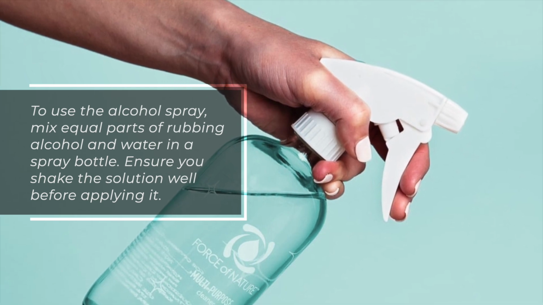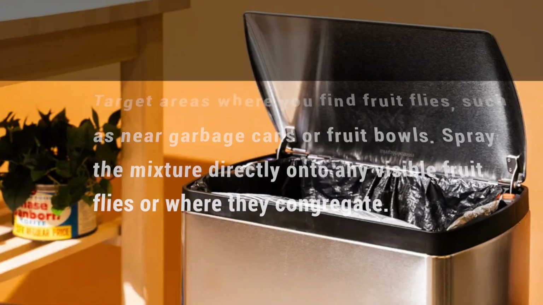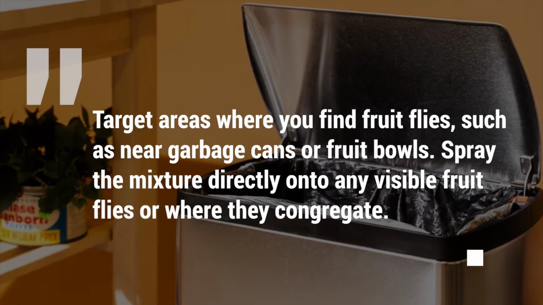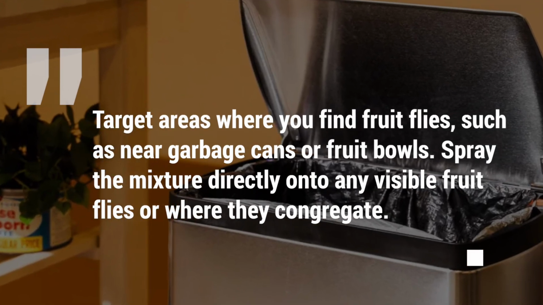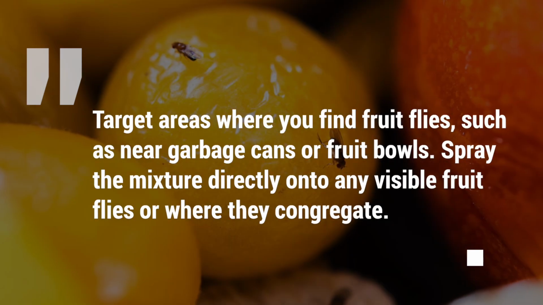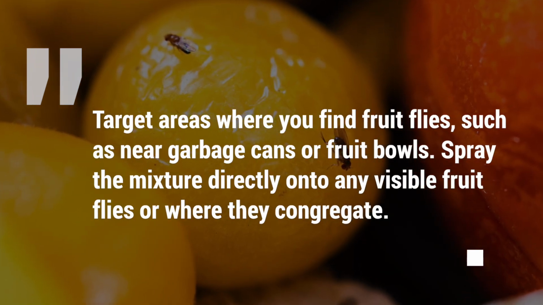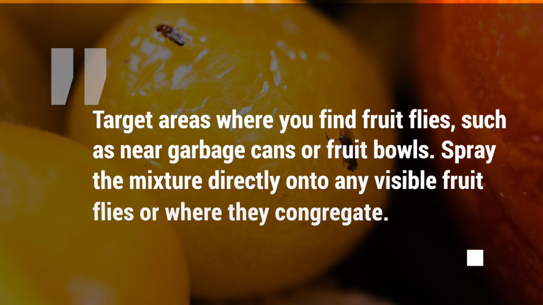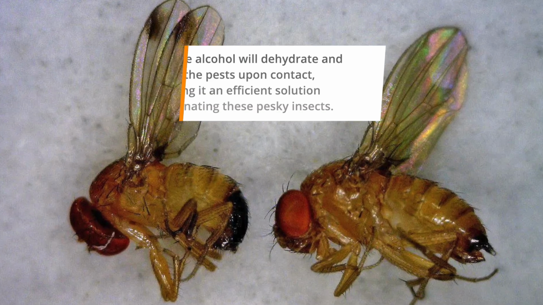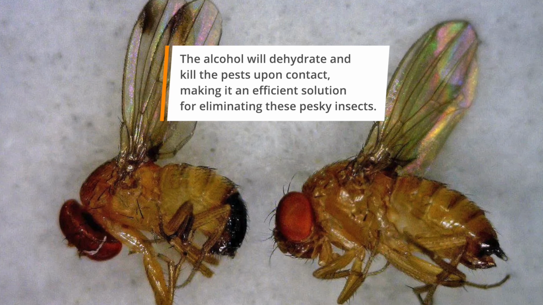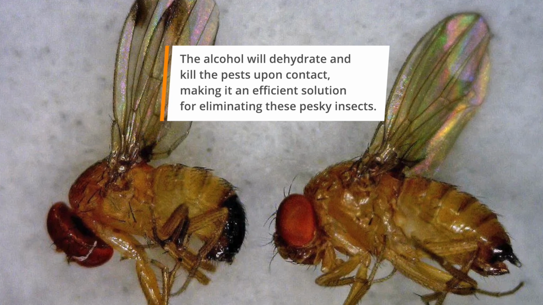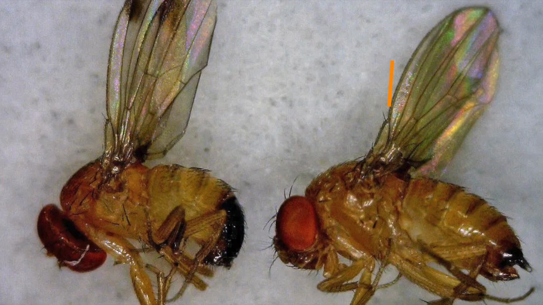Ensure you shake the solution well before applying it. Target areas where you find fruit flies, such as near garbage cans or fruit bowls. Spray the mixture directly onto any visible fruit flies or where they congregate. The alcohol will dehydrate and kill the pests upon contact, making it an efficient solution for eliminating these pesky insects.